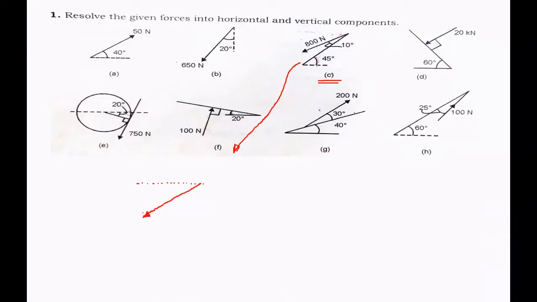This is the force that is of 800 Newton. Okay. And one line which is at 45 degree. And this angle is given between these two lines, and this is equal to 10 degree.